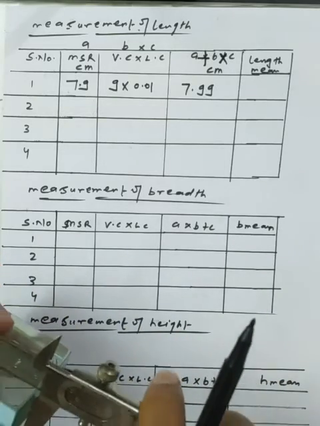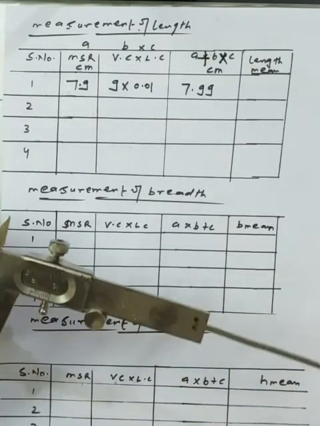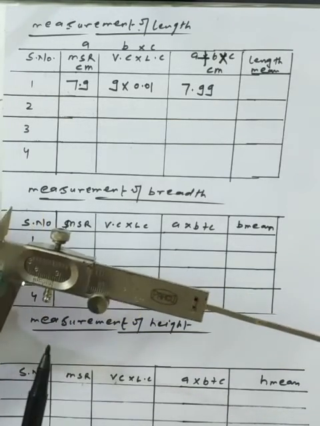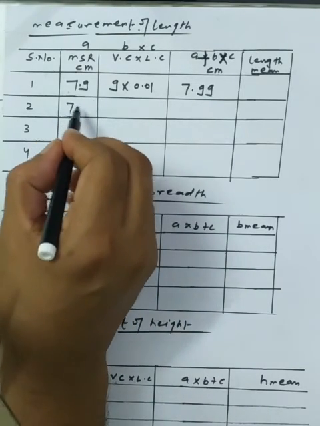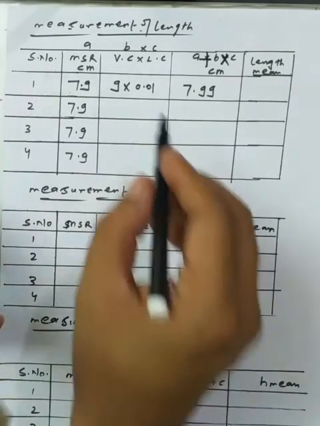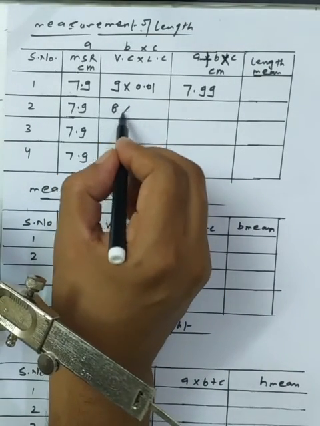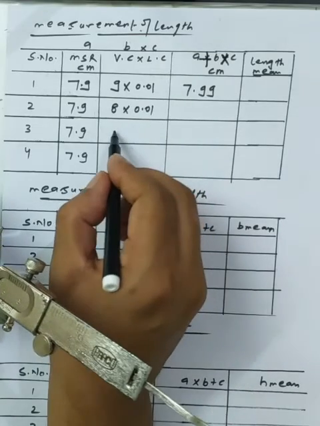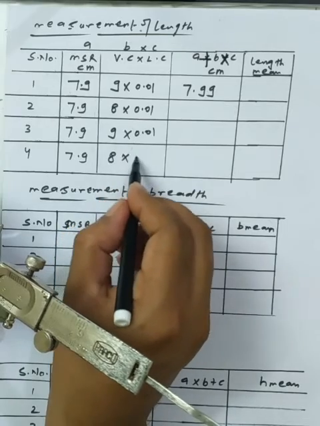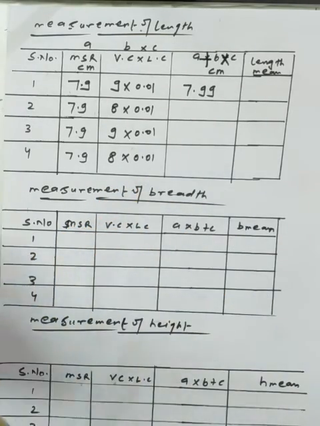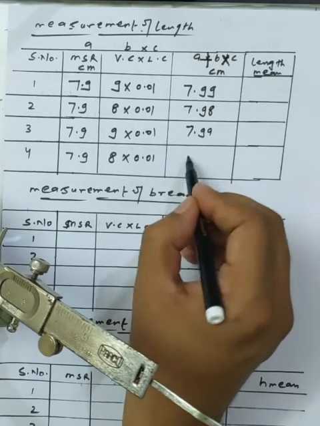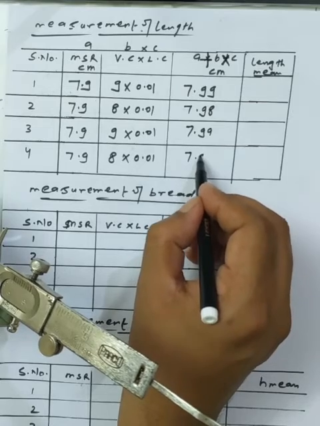In the same manner we can repeat the other readings, and always we get the same main scale length, but the vernier constant value is different. Suppose the next readings are also 7.9, 7.9, each with a different vernier constant, such as 8 and 9, and two same readings can also occur.